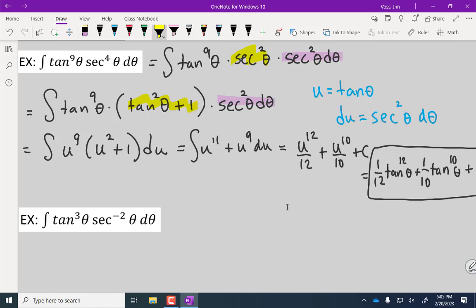Does that answer your question? Yes. So if secant is even, we pull 2 off. And if tangent is odd, we pull off a tangent and a secant, one of each. Other questions on that?